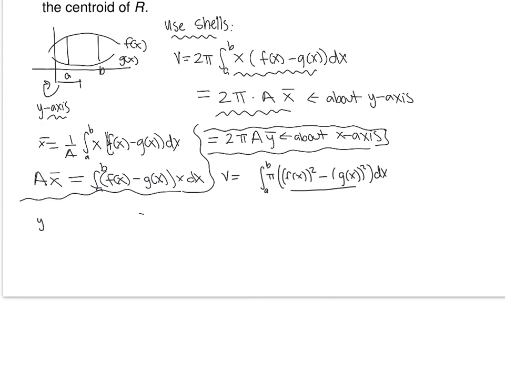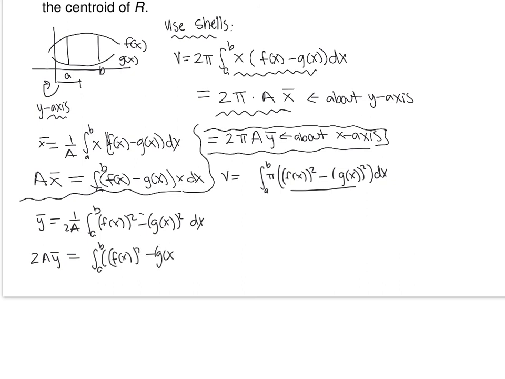So remember that y bar is 1 over 2A, integral a to b, f of x quantity squared minus g of x quantity squared dx. And so thus 2A times y bar is the integral from a to b of f of x, the quantity squared, minus g of x, the quantity squared.